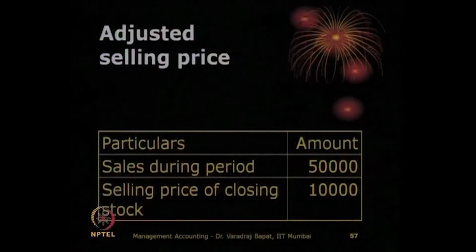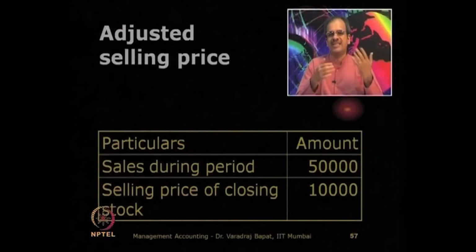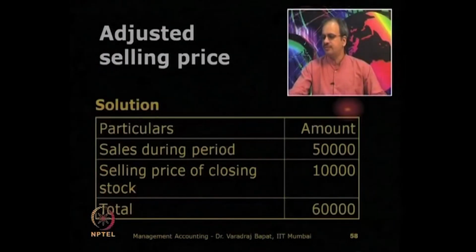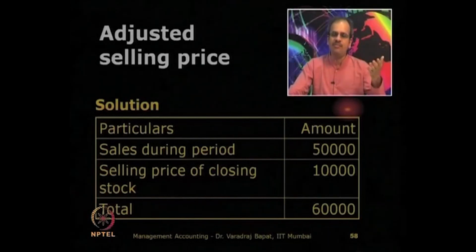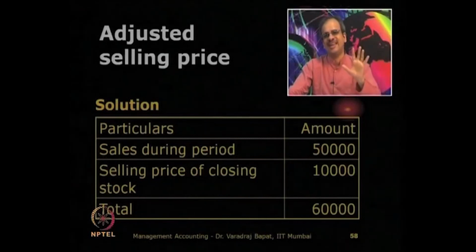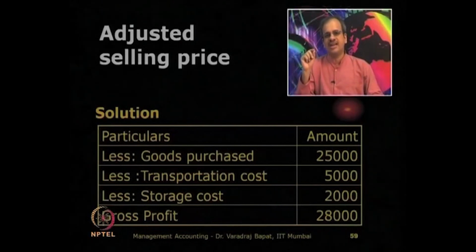You cannot show the value at 10,000 because that is a selling price. So, using the margin available, we will try to estimate the cost of these items. So, we know that the sale 50 plus selling price of the closing stock 10, so total amount available for sale is 60. The goods which are in hand consist of 25, 5 and 2. So, we will reduce this cost.